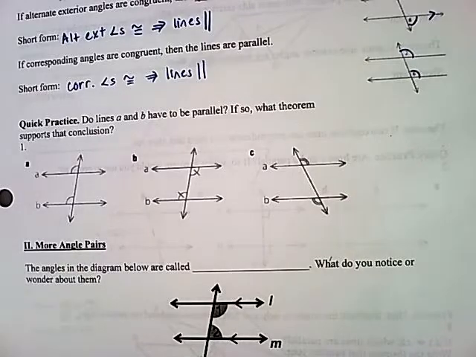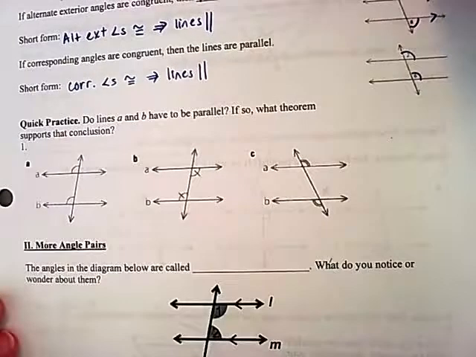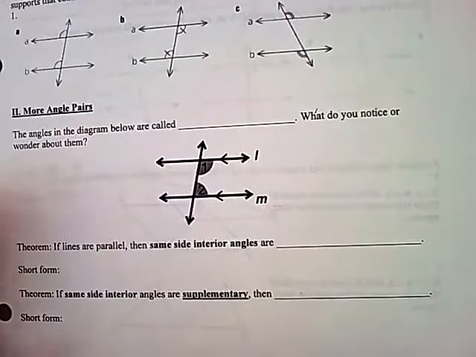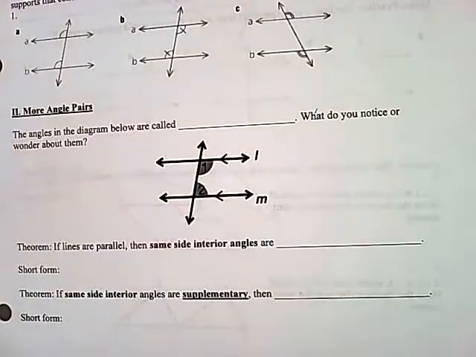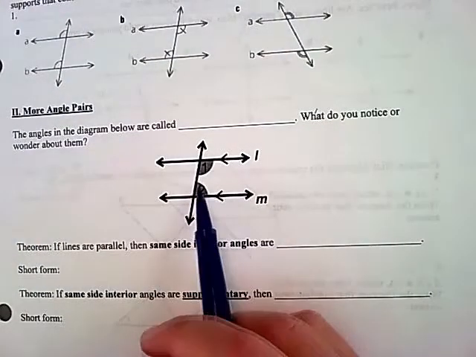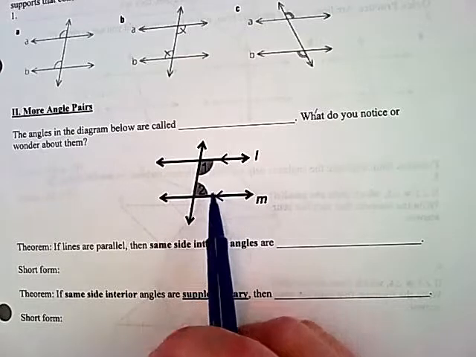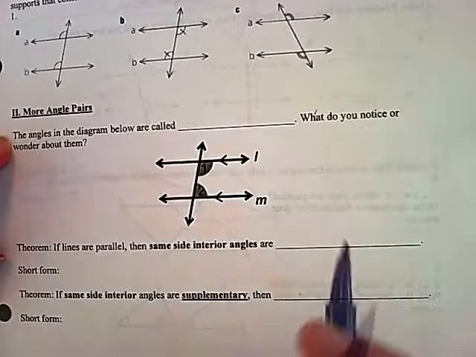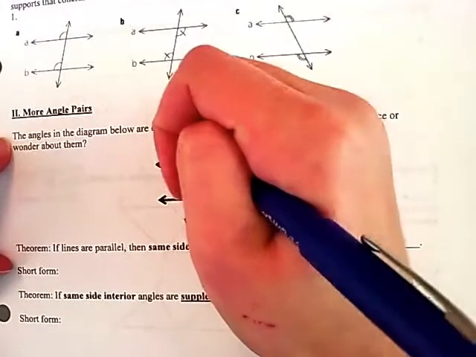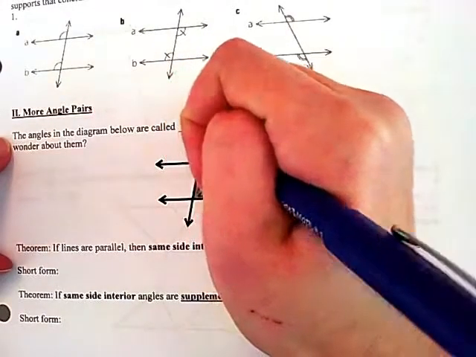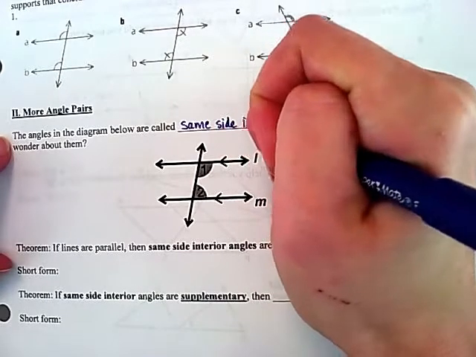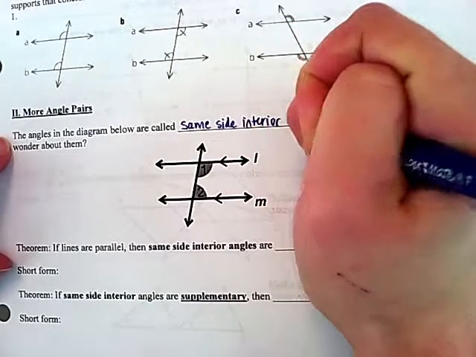Now there are two new types of angle pair relationships that we're going to learn about in this video. The first one is the ones in this picture. Angles 1 and 2 represent the first new pair that has a name. The angles in the diagram below are called same side interior angles.